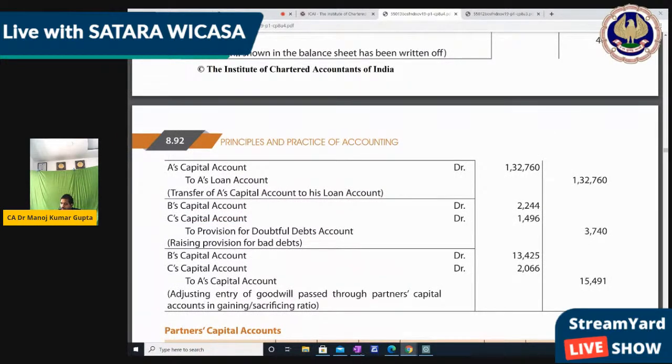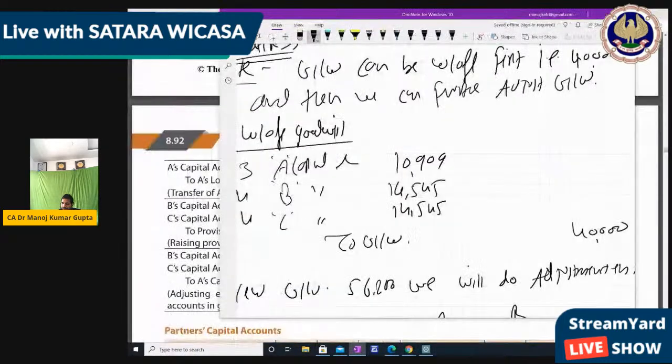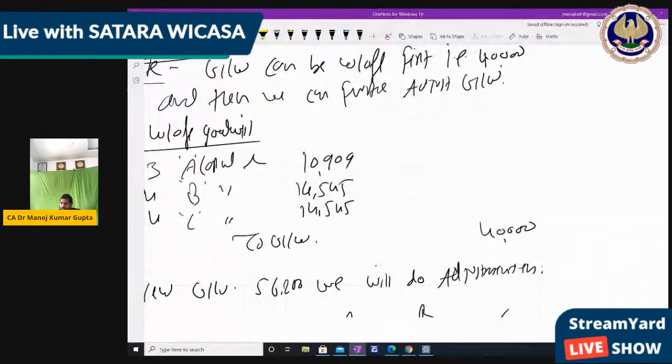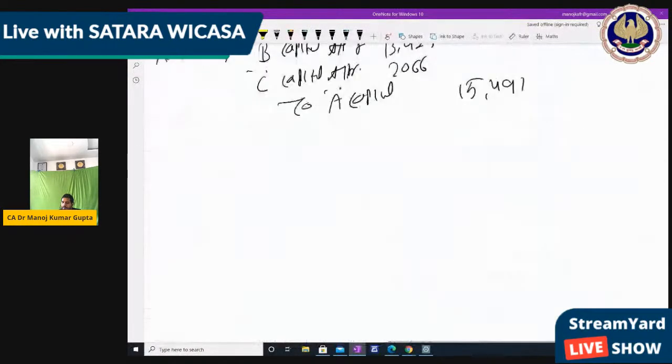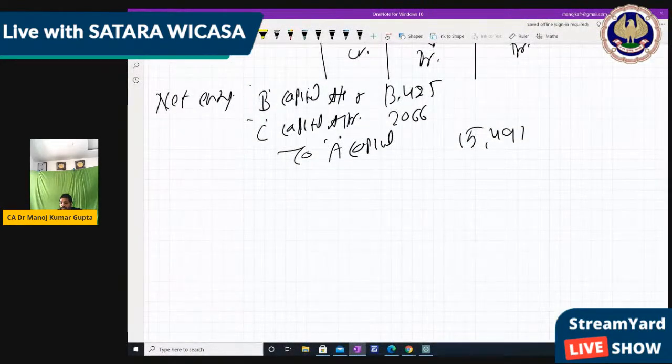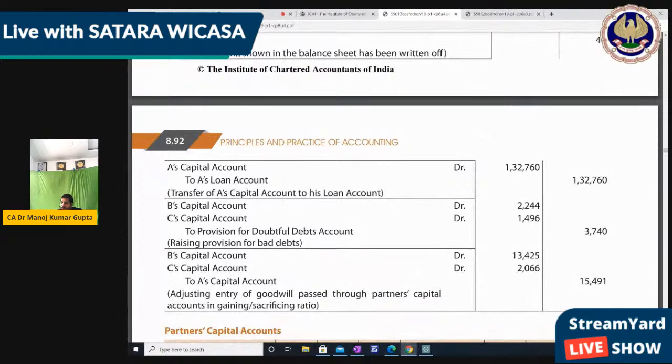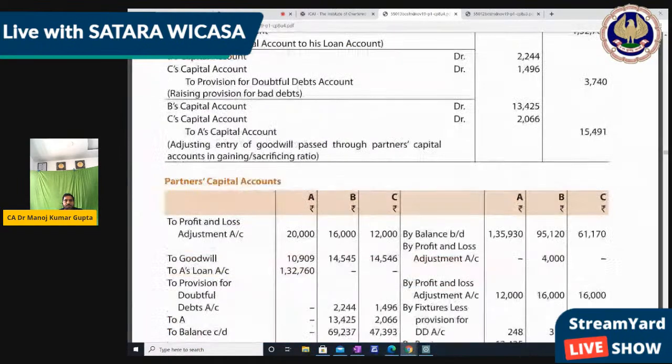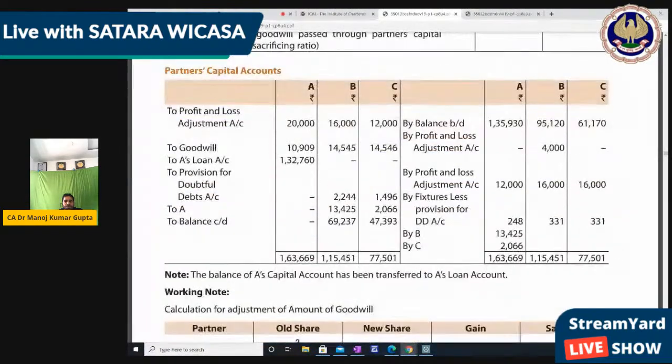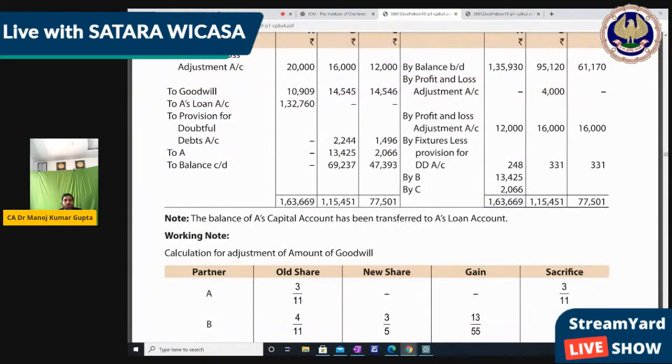That is 15,491 A capital credit, and B and C debit with 13,425 and 2,066. Right? So they did this one. Okay, understood, friends, all of you? I think no question.